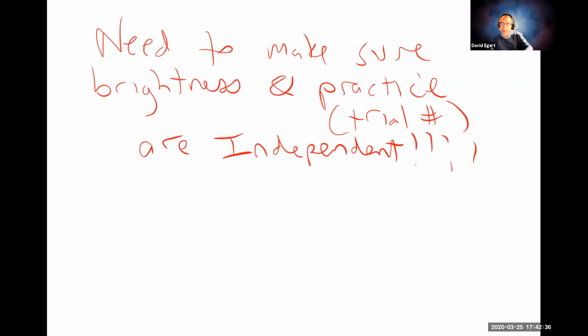So when we're analyzing our data, we can see, does practice make for faster reaction times, or does brightness make for faster reaction times? But we need to be able to do that independently, separately, versus in the situation I just showed you here.